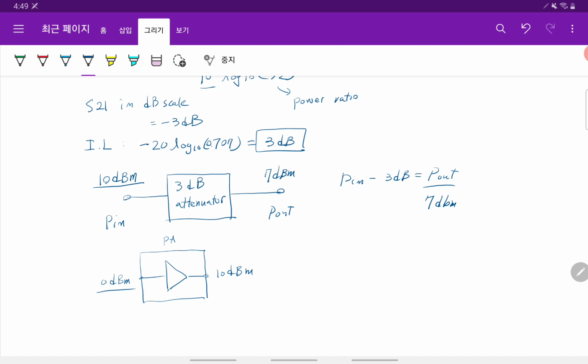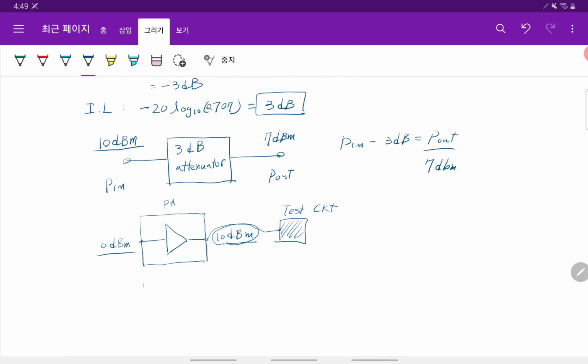And then we want to excite the 10 dBm signal to some test circuit, right? Test circuit. But if 10 dBm is too high, with this kind of high power, this test circuit can be burned, right?